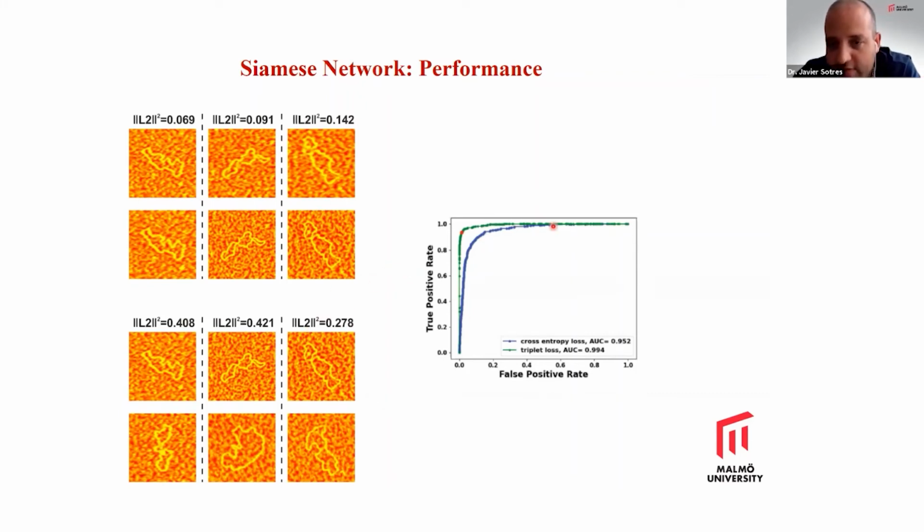Again, there are different metrics to evaluate the performance of the network, but you can see that we get all the true positives and almost no false positives. So both networks work pretty well for our purpose.